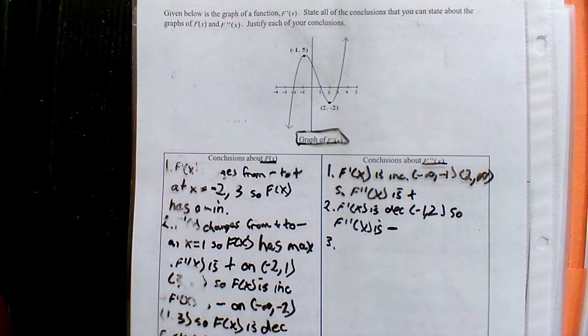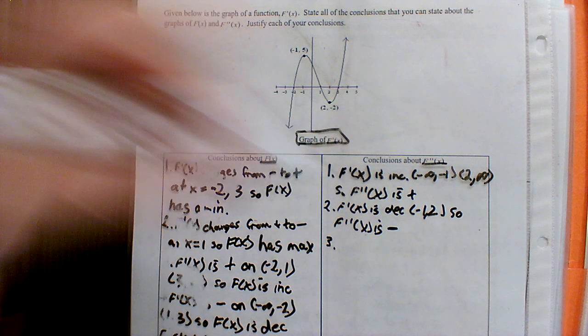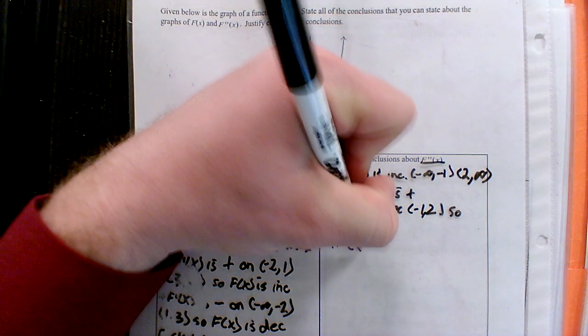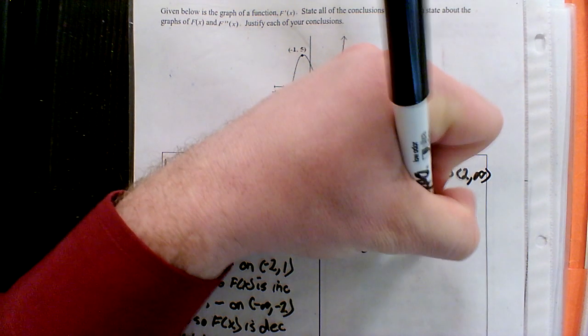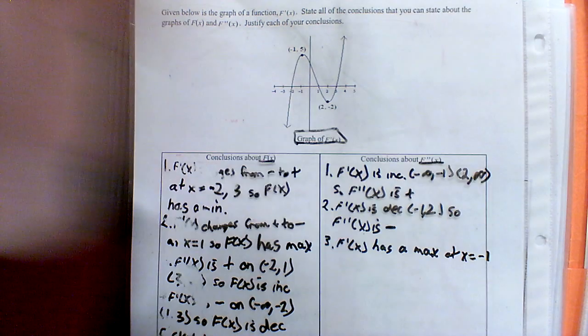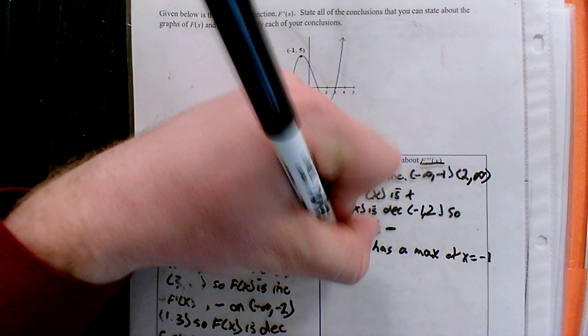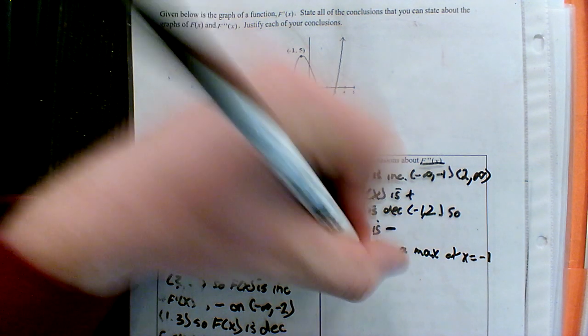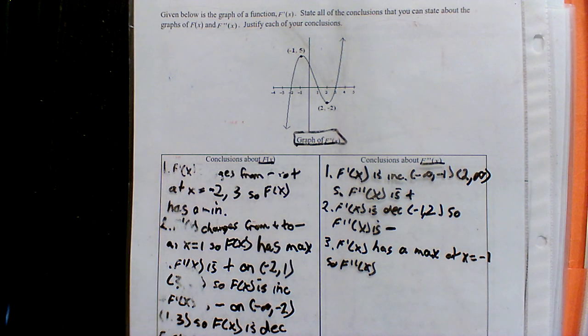All right. Number 3, the first derivative, so f prime of x, has a max at x equals negative 1. So the second derivative does what? First derivative has a max at negative 1.